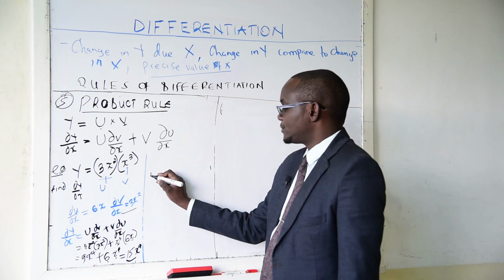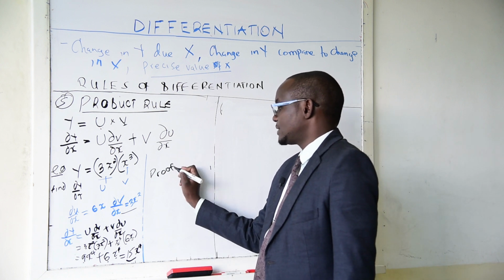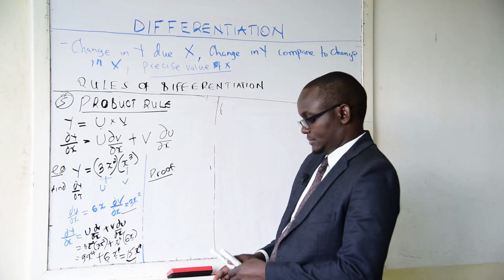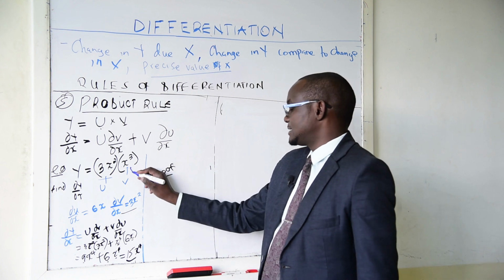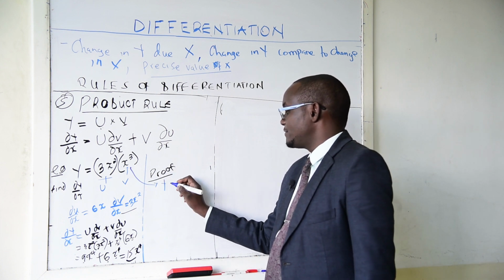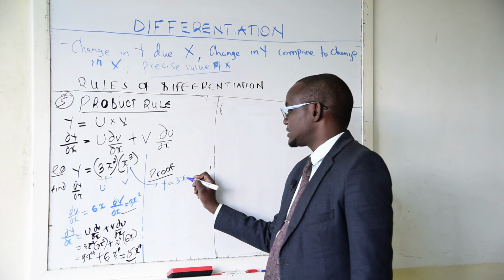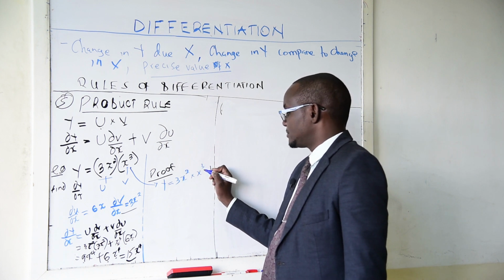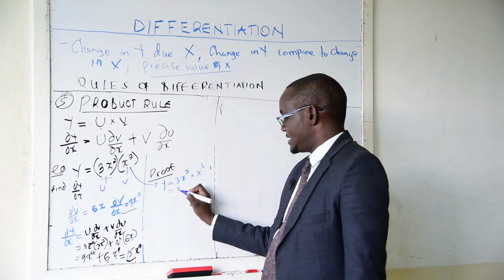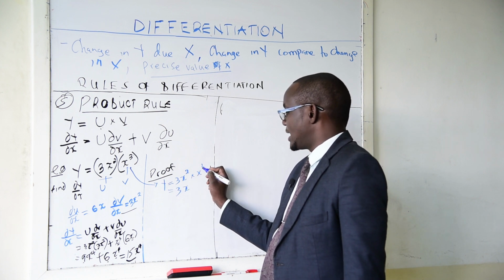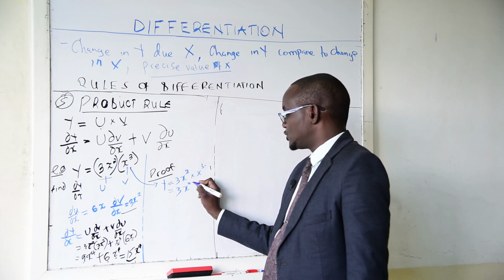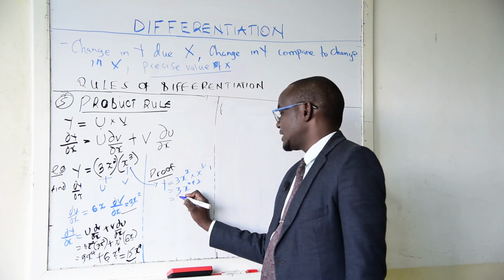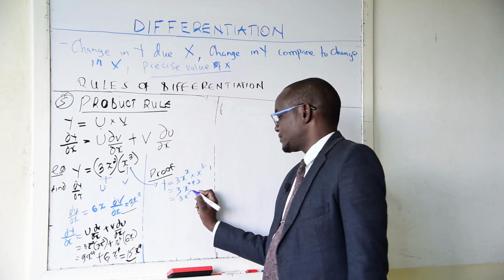I can prove this. I can start by simplifying. When you are given y equals 3x squared, you can multiply by x cubed. This means you get 3, x becomes power 5 because it is 2 plus 3. So this y is 3x power 5.